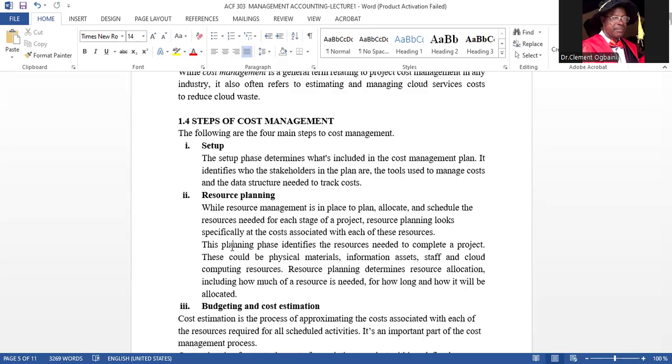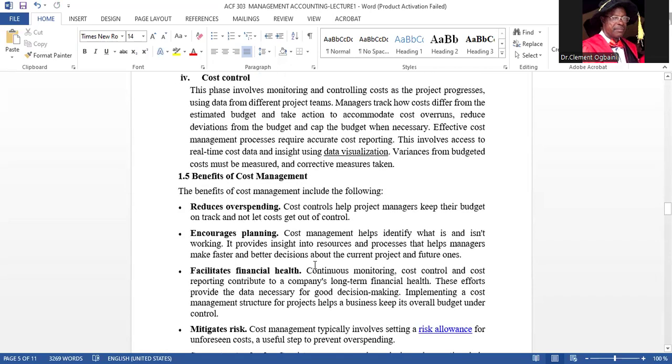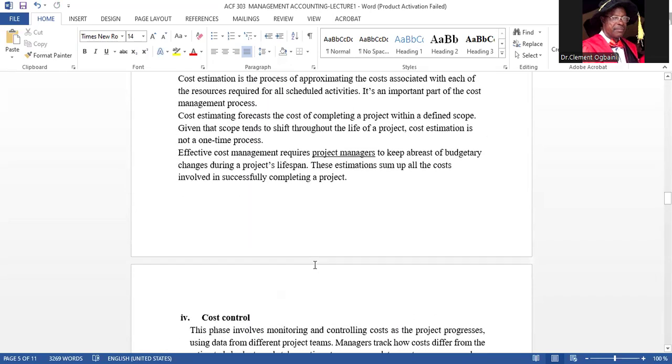First of all, we have a setup phase where we map out the plan of how the costs are to be managed and how they are to be tracked, and you set standards for the different costs. And two, we engage in resource planning, budgeting and cost estimation. Budgeting is where you prepare ahead the income you are expecting and the cost that you are going to incur.